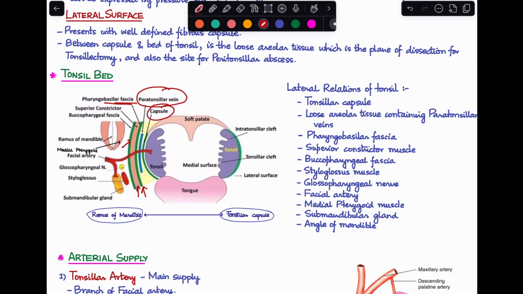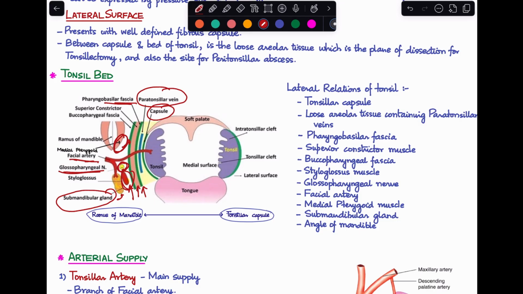Then, inferiorly, we have the styloglossus muscle over here, and around the styloglossus muscle is the glossopharyngeal nerve. We also have the facial artery coming in around this area and giving branches to the tonsil bed, to the tonsil. And after this, we have the medial pterygoid muscle, which lies here, the submandibular gland, which lies here, and lastly, the most lateral structure is the angle of the mandible.